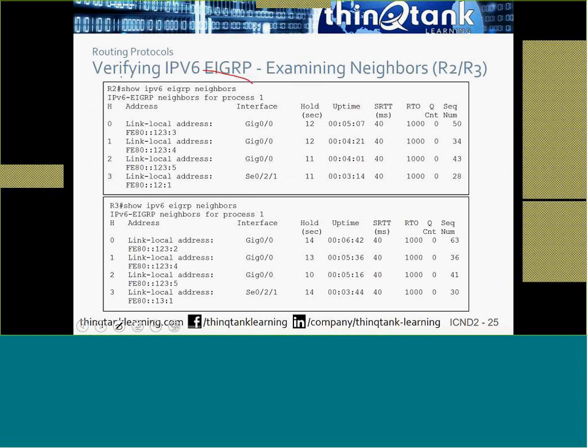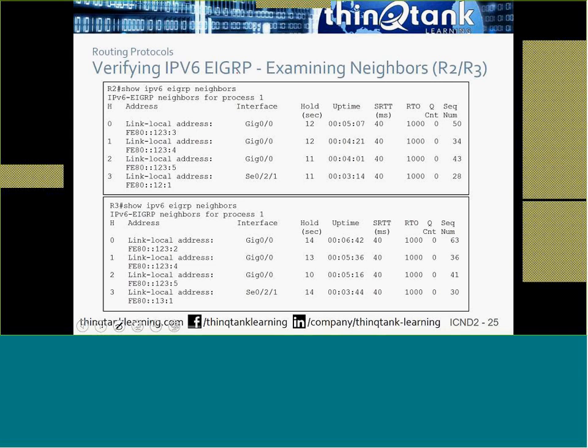Here is the neighbor table, excuse me, for IPv6. Simply replace IP with IPv6. Make sense? The great thing about this is that the output is identical.